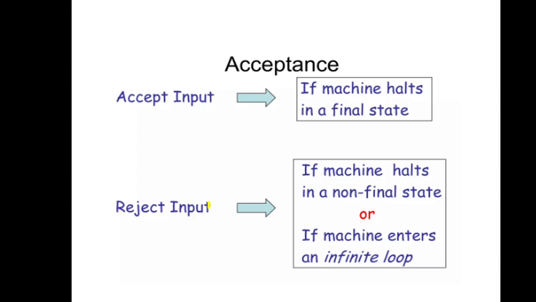When we say rejection of the input string, the machine halts in a non-final state, meaning the string was not accepted by the machine, or the machine enters an infinite loop. Again and again it processes the same string. It could not reach the final state at last. So the string is not accepted by the machine; it rejected the input.